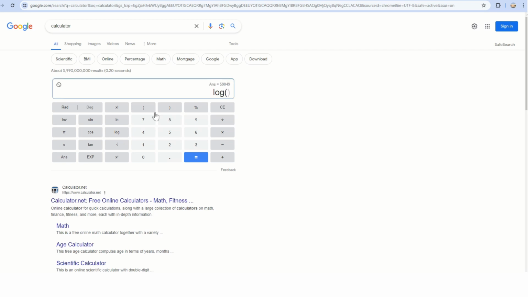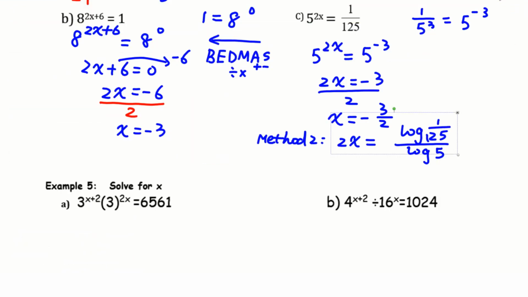Log, bracket, 1 divided by 125, bracket, divided by log 5, bracket, equals negative 3. So you will have 2x equals negative 3, then continue. Move the 2 to the other side. You have x equals negative 3 over 2. So it's the same as when you change them to the same base.